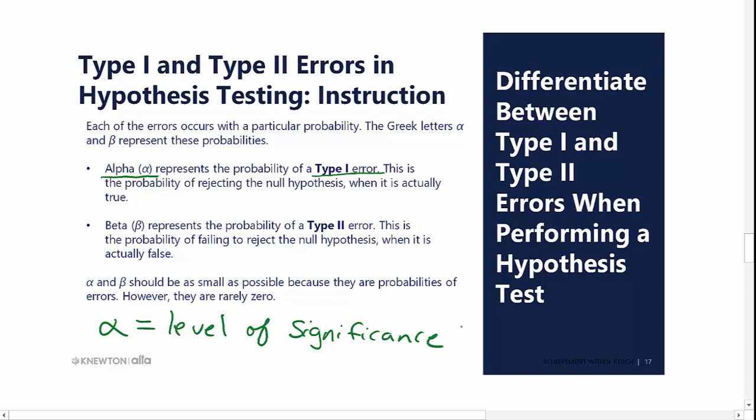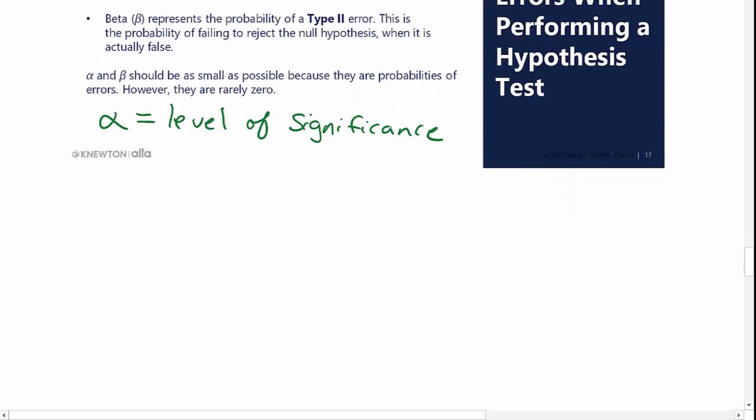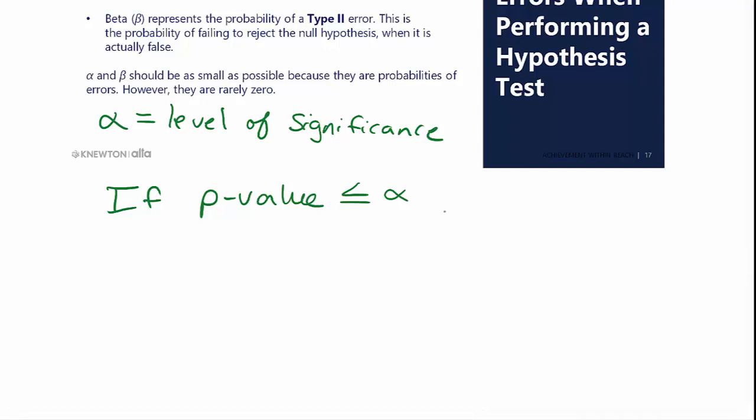Okay, so how do we make a decision? It turns out that your p-value, remember it's either going to be a two-tailed p-value, a left tail, or a right tail, if that p-value is less than or equal to alpha, the probability of you having an error, and you want that to be small, then your decision should be to reject the null hypothesis.